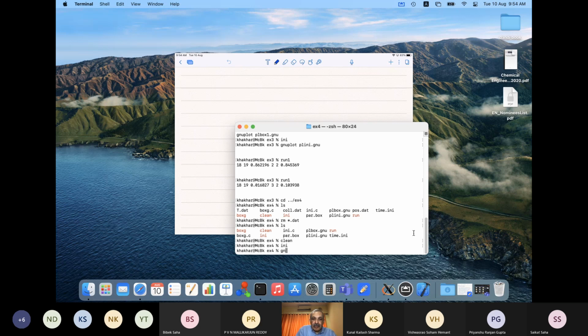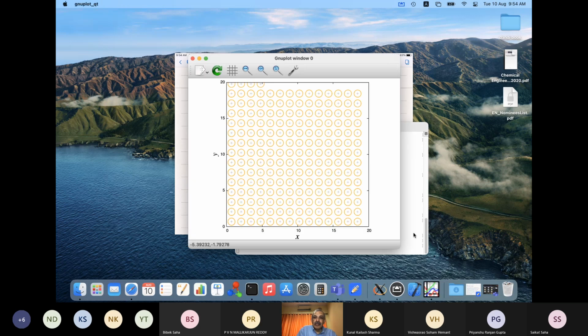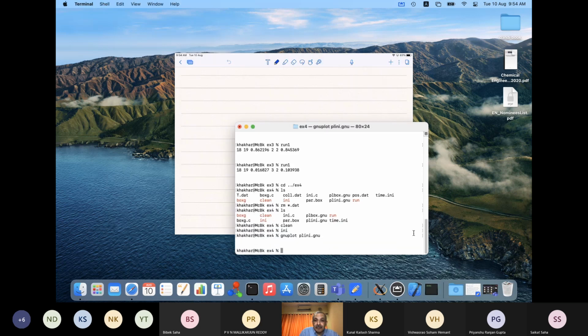Then I'll show you the initial position, and plot the initial configuration with gnuplot. So this is what the positions are, and these are the velocities. This is exactly what we had for the program box, but the only thing is now there is gravity.